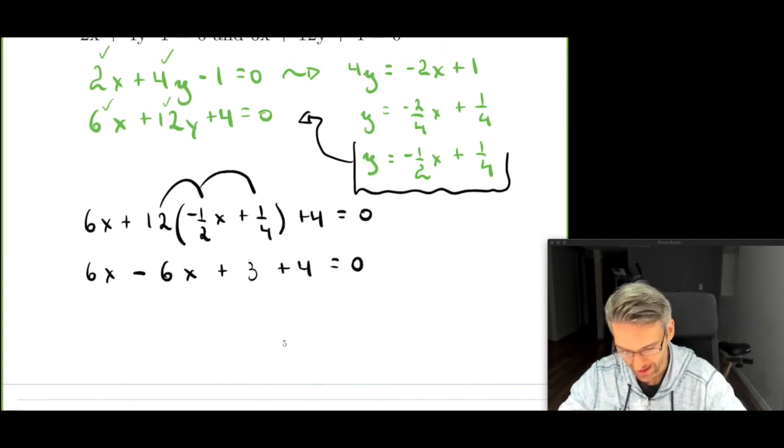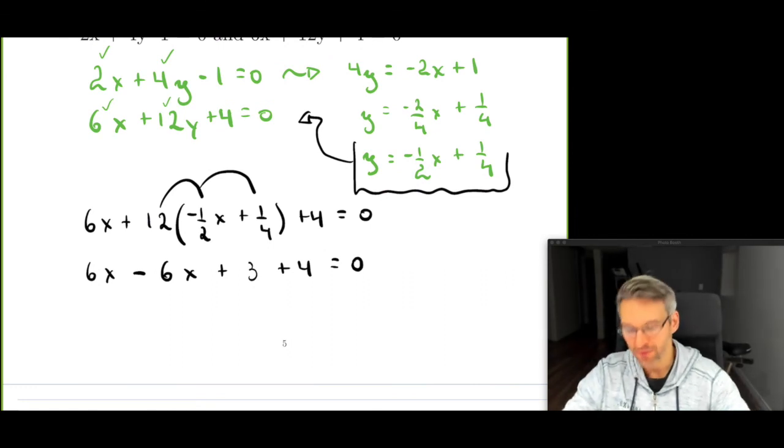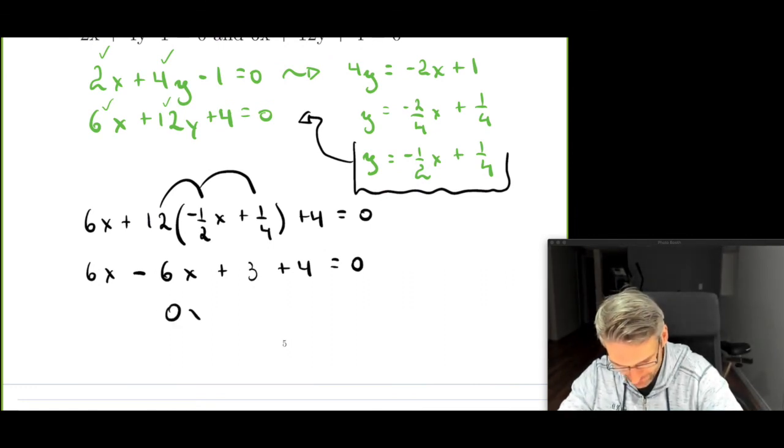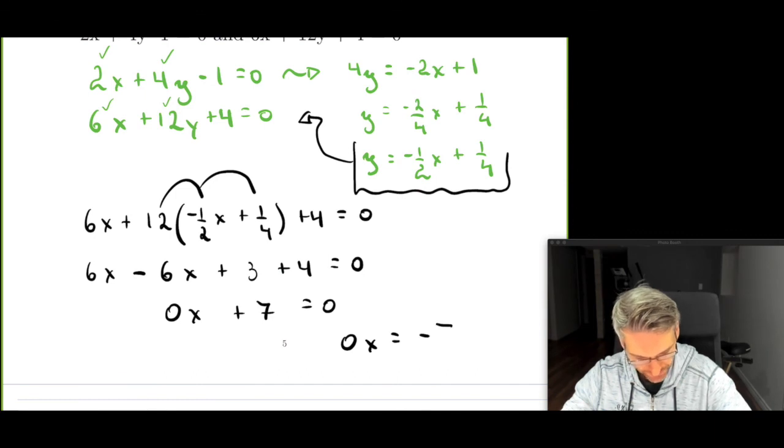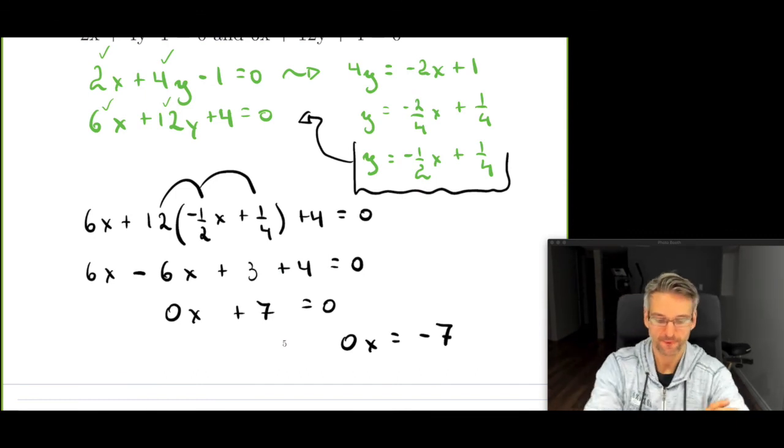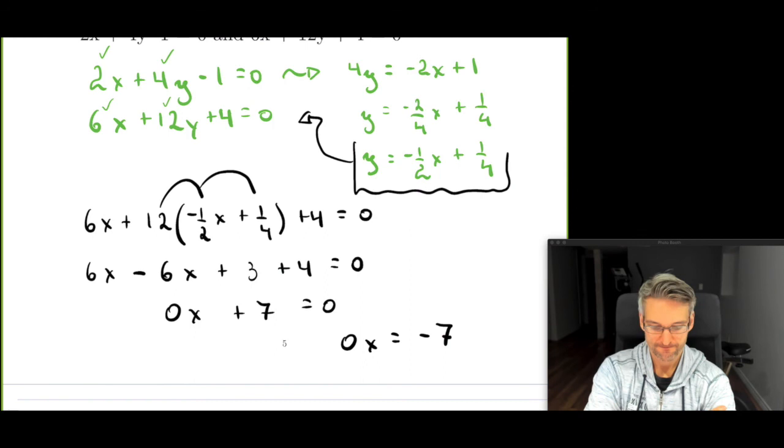And notice what happens. 6x minus 6x is 0x, right? This is plus 7 equals 0. If I bring that 7 over to the other side, I'm going to get this.